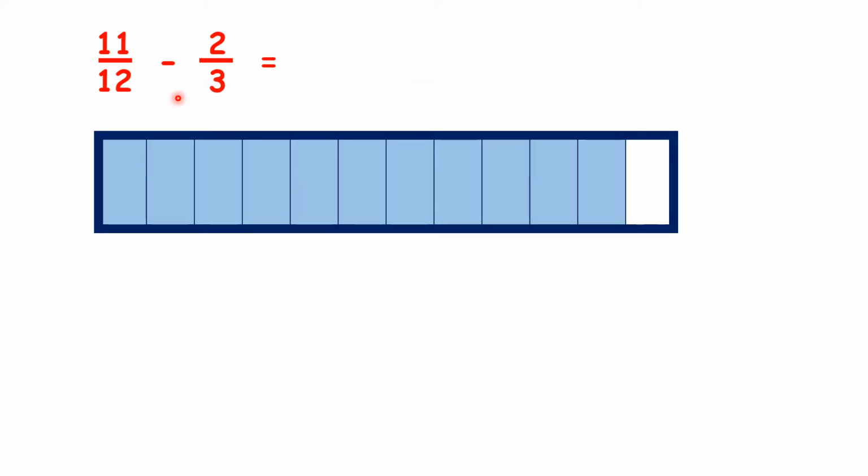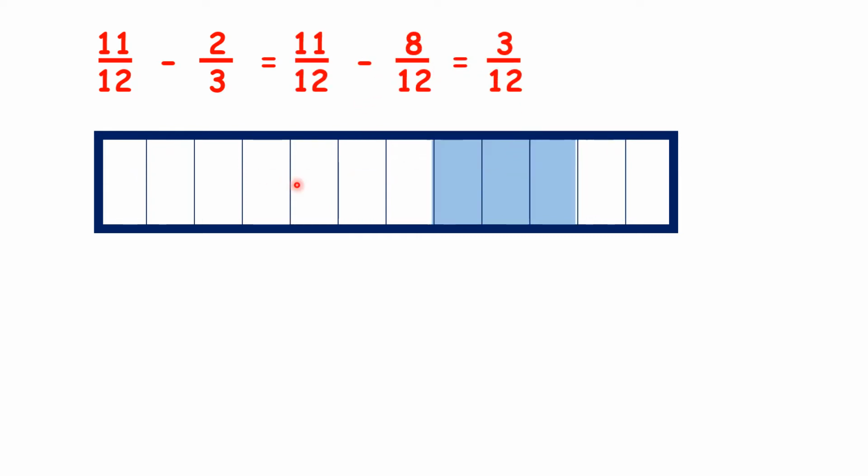And to see what we did, we started with 11/12, but we took away 2/3 of what we had. But 2/3 is the same as 8/12. So we were left with 3/12.